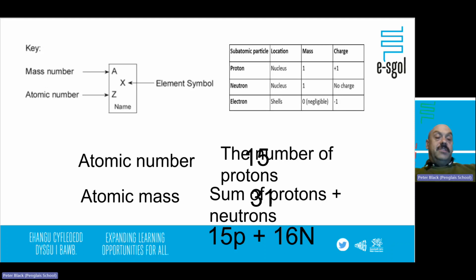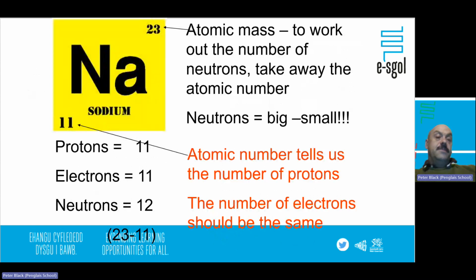And then the atomic mass is based on how heavy your atom is. If you go back to the masses we did earlier, the protons and neutrons have a mass of 1 and the electrons have a mass of 0, which is why our atomic mass refers to the sum of our protons and our neutrons. Don't worry about those two numbers, I'll come back to that in a second.